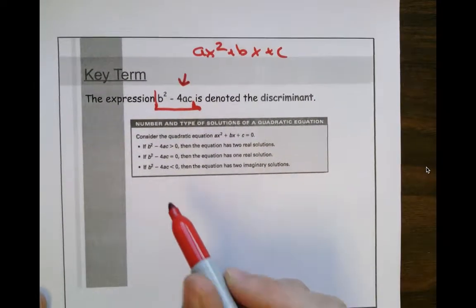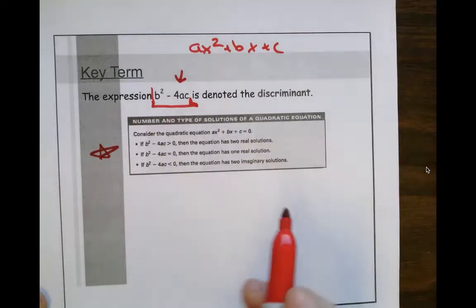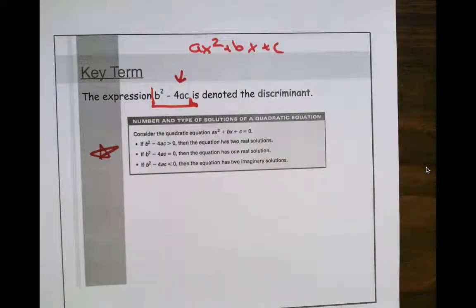And if we look at these rules here, this is what's going to be really important, and this is going to be a piece of the quadratic formula, which is going to be a way we solve equations, which we'll do moving forward. And this will make a little more sense when we look at the quadratic formula as a whole. Why it's two real, one real, or two imaginary solutions.